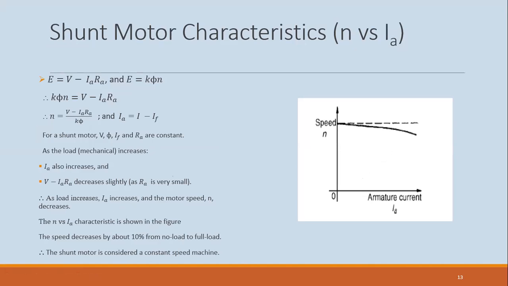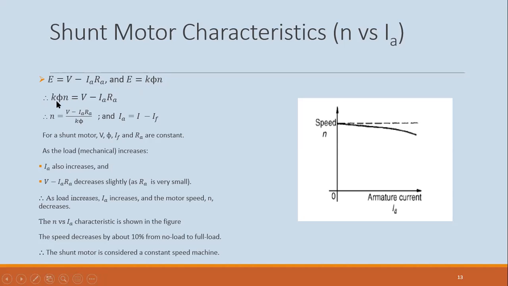All right, so here's another characteristic. This one is looking at speed versus the armature current. We start out by looking at the induced EMF, remembering that it has two equations: V minus IARA, and also equal to K phi n.